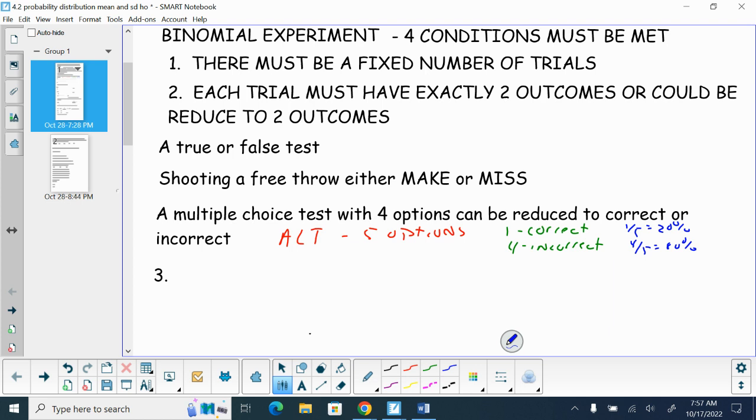How do you guess? Do we zigzag to make a pretty little design there? How do we guess? Well, there's a 20% chance of getting it correct, 80% chance of getting it incorrect. How should you guess if you have to guess on the last 8, 9, 10 questions? Yeah, straight down the line. Don't make a zigzag there. Go straight down the line.